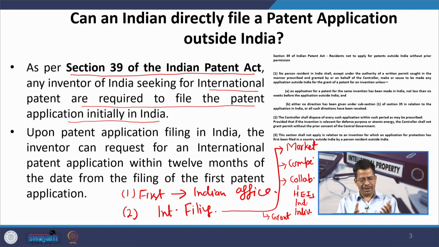For example, if some grant is coming from Ford Foundation or America India Foundation, and they expect that you should have US patents, obviously the researcher in India will go for filing in the United States for their inventions. So availability of a grant is also an important factor for international filing.